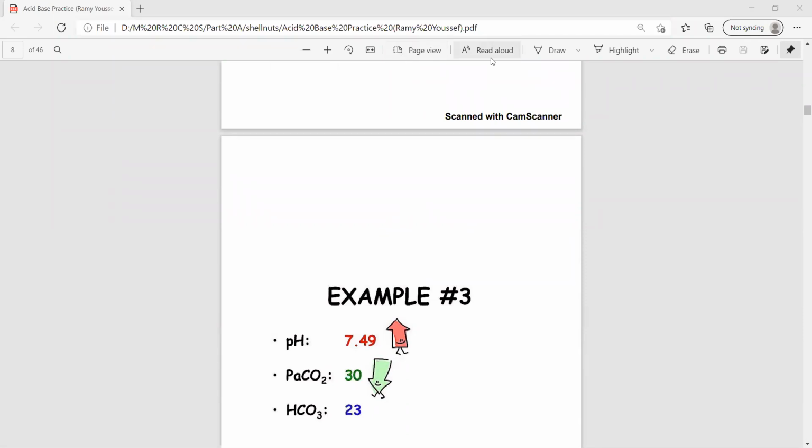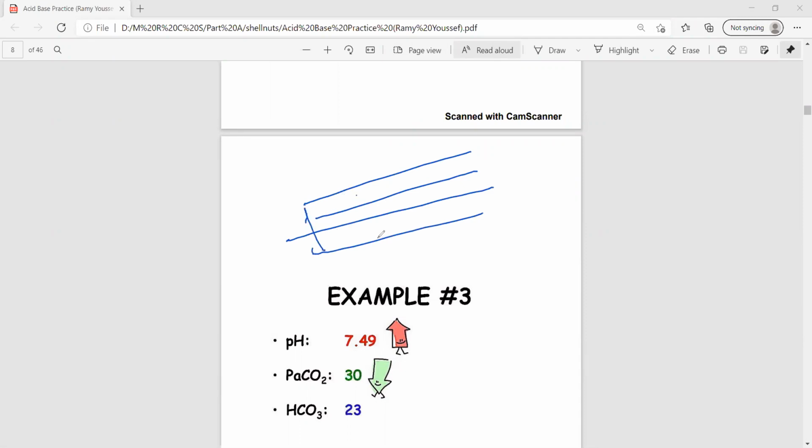Just make our table. By the way, I don't like this way, but if you find it easy, do it. I do it in my mind. Here is acid, here is normal, here is alkalosis.